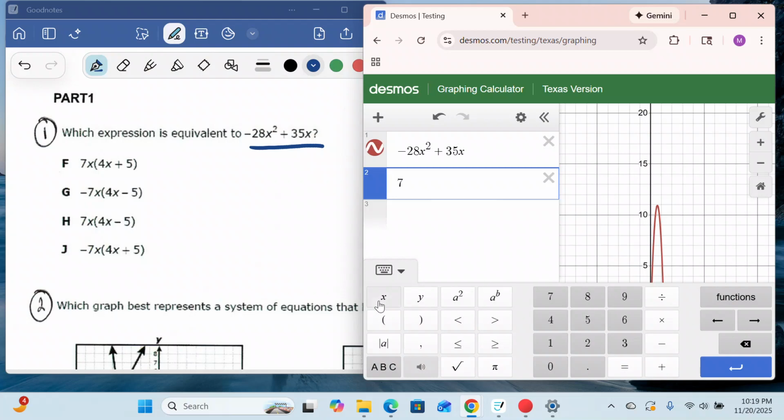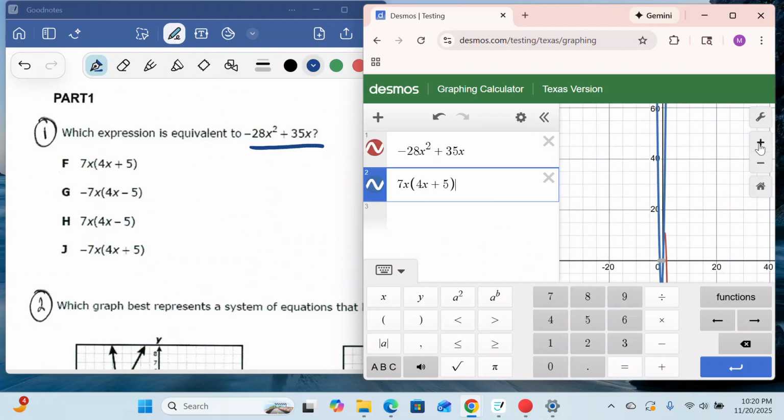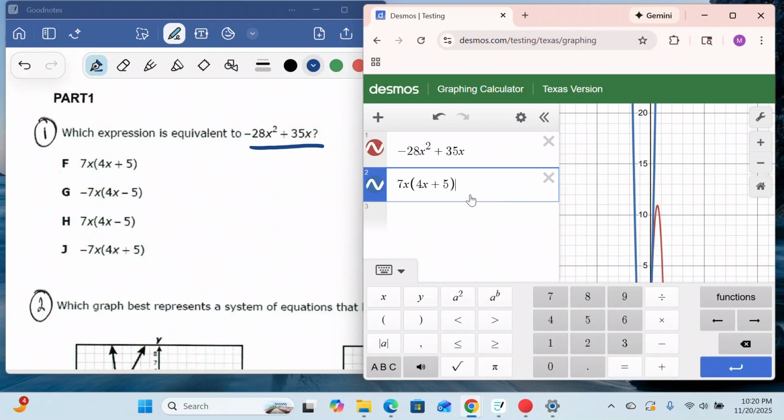So I would input 7x, open parentheses, 4x, positive 5, and of course, if you want to try the problem, pause the video and then try it out and then look at the explanation. All of a sudden, that one I know is not correct because it isn't even close. The red and the blue are not even close to the graphs, and of course we can subtract it to see the graph, and we can add it to see the graph right there.